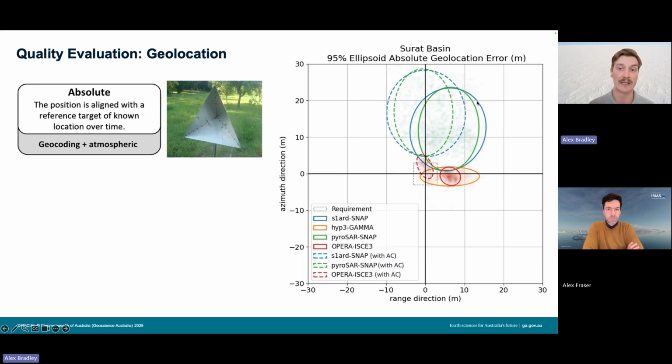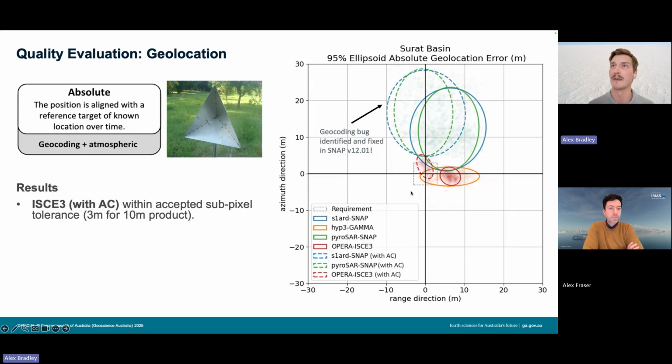The dotted lines are what happens when we also apply some form of atmospheric corrections. The first thing you notice is that these SNAP-based results are actually quite far up here. This was due to a bug which we were able to identify and feed back to ESA. And so now these results are actually looking a lot better.